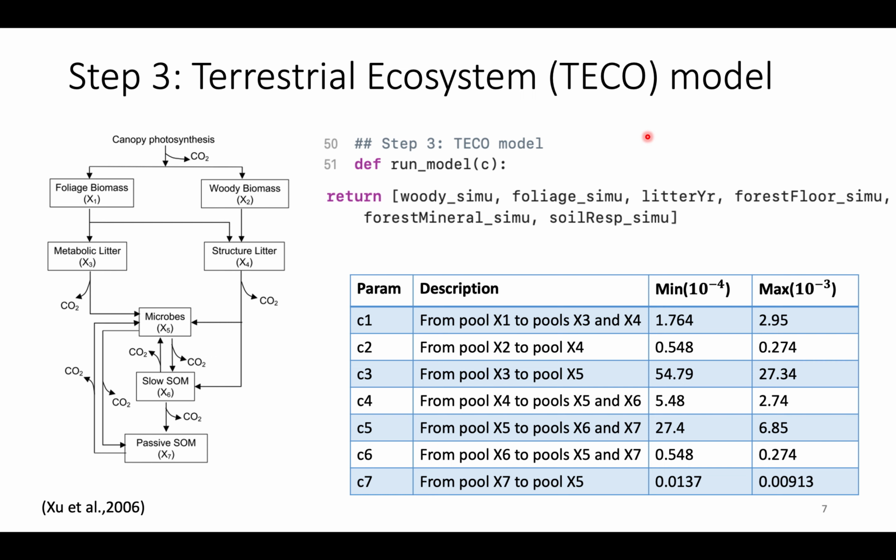To match with 6 observations, a mapping function is used in this run model function. As a result, the output of this function is 6 simulated datasets rather than the 7 pools. I'll introduce the mapping function in the next slide.